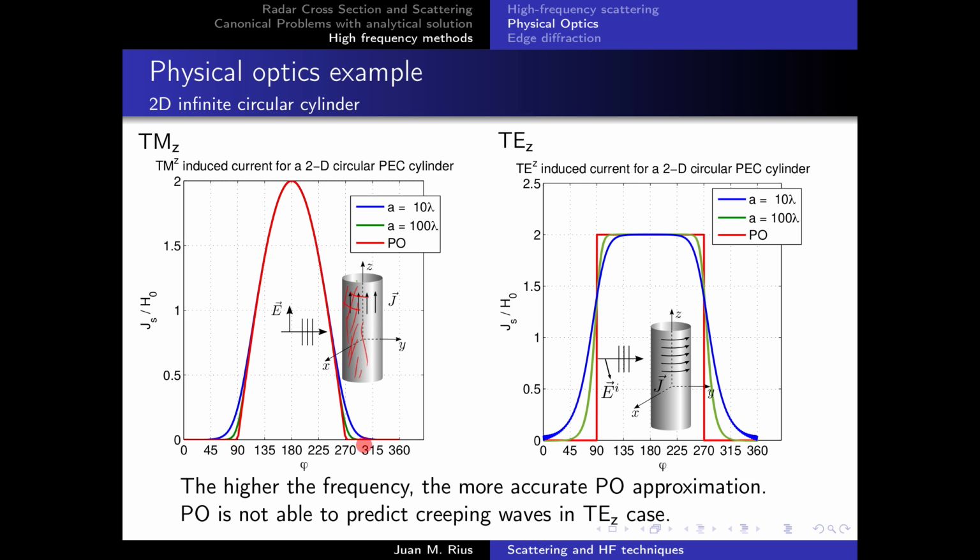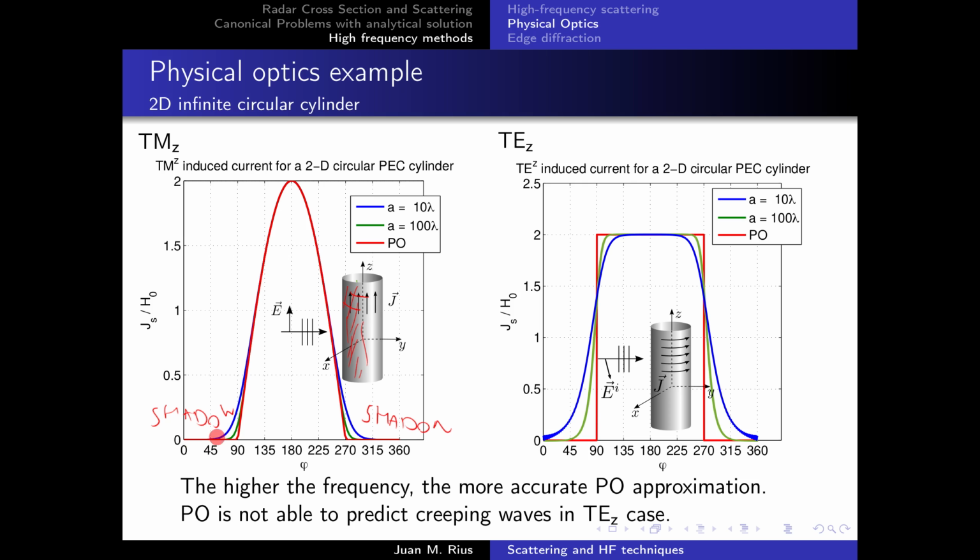But now we also have 0 in the shadow region. This is the shadow region, and we have 0 here. If we compare with the analytical solution for radius 10 lambda, it is similar, but now the shadow is not so deep. Remember that the larger the cylinder compared with lambda, the deeper is the shadow.